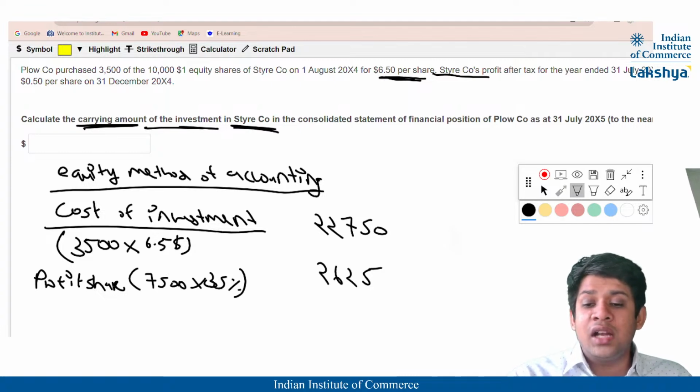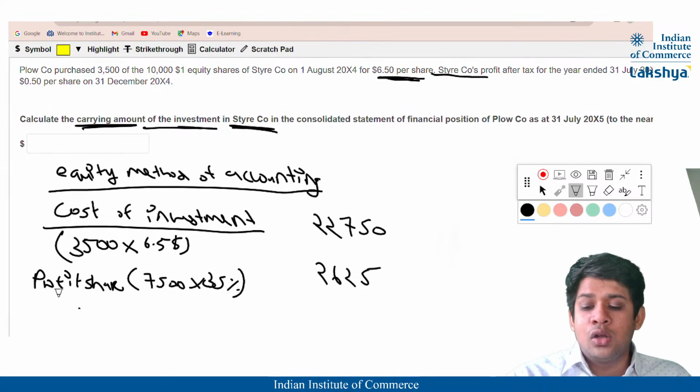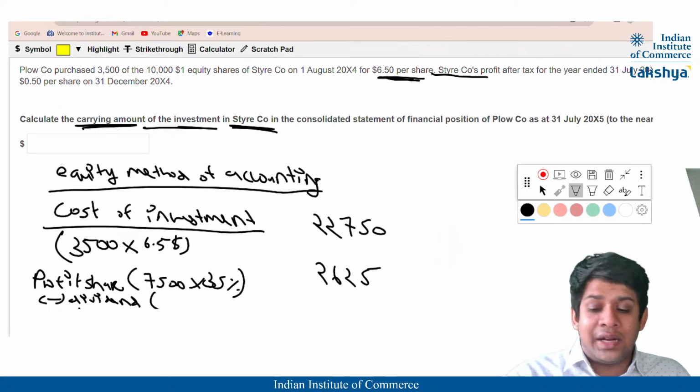But guys, I've already included the profit share, so whatever dividend I have received from this company will be subtracted. The company has paid a dividend, and since I have 35% shareholding, the company would have paid a dividend to me also. What is the dividend that I have received?